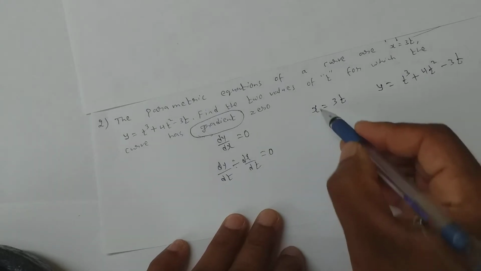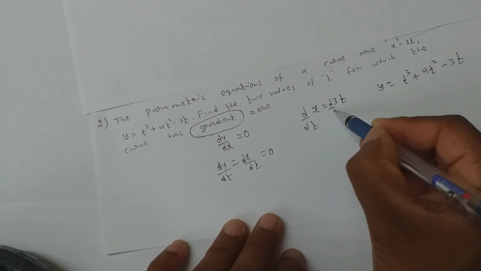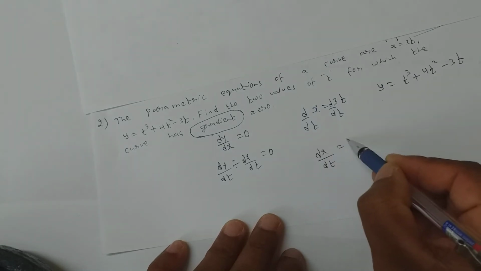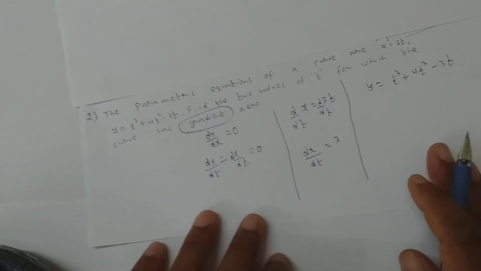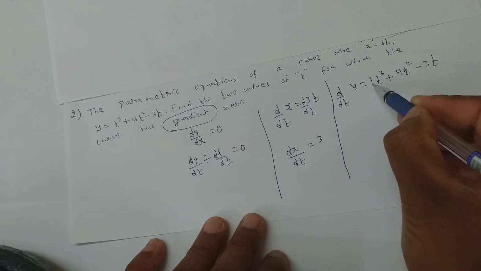So now I want dx by dt. So on both sides d by dt you put. So dx by dt equal to 3 will come out, dt gets cancelled. Clear? Yeah, next here on both sides d by dt now.